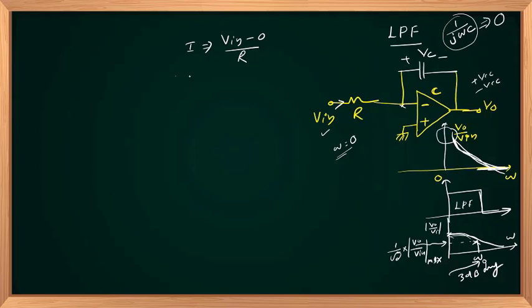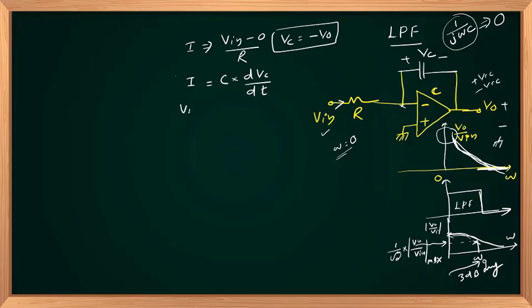So the current flowing through the capacitor, I, is nothing but I equal to C times the derivative of the capacitor voltage with respect to time. Here V out and Vc are related as Vc equal to minus V out.